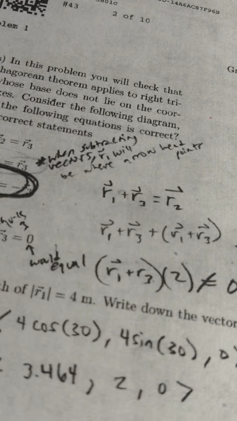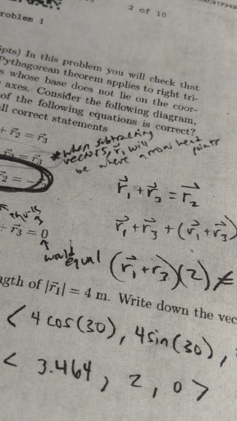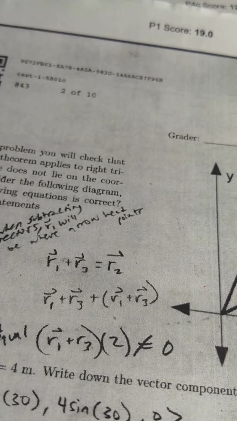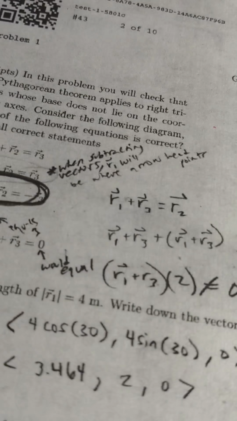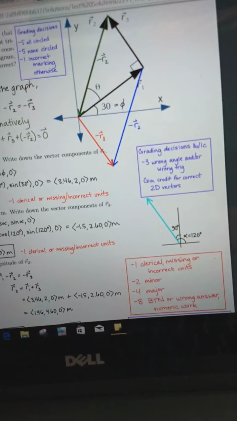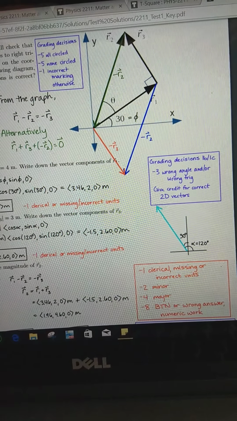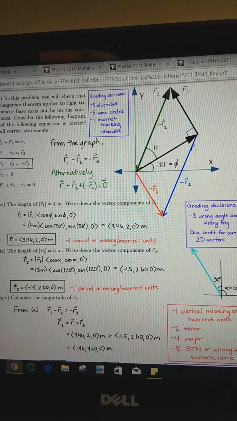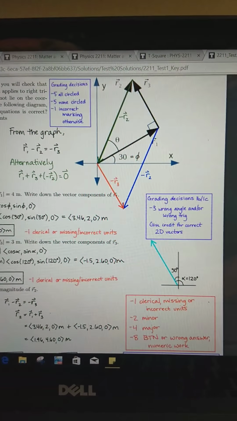Let's see. Nope, it's supposed to be 120. Okay, let's see. So you can see here with the testing guidelines, it's supposed to be 120.